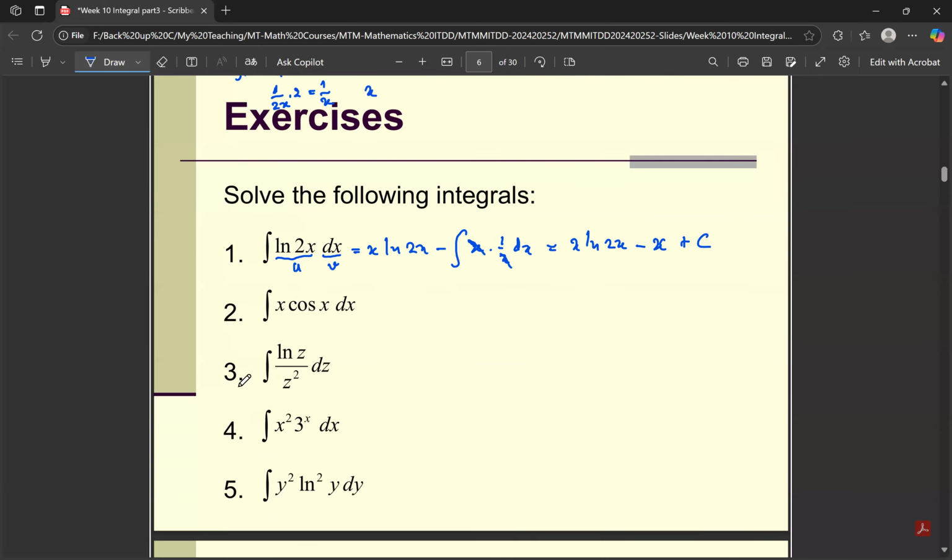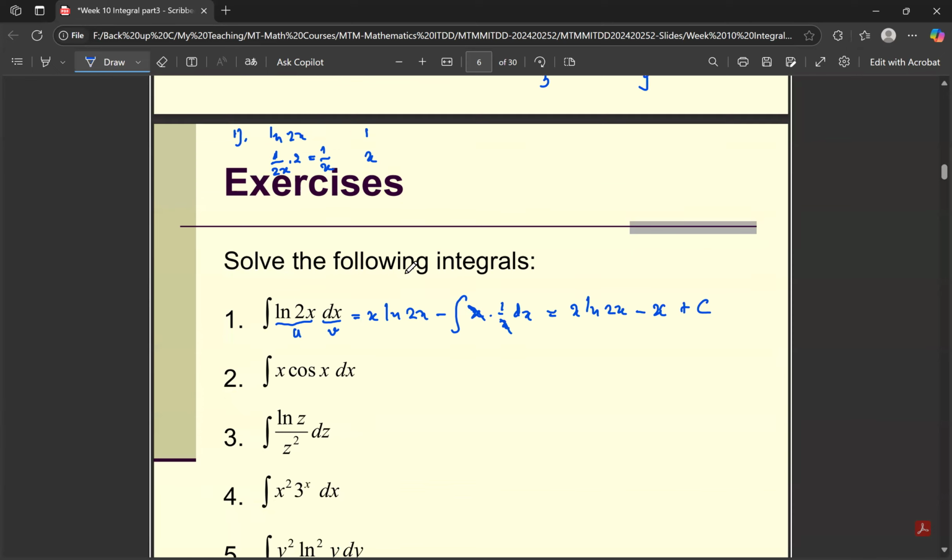And how about this one? Number two, this is u, the polynomial, and the rest is dv.